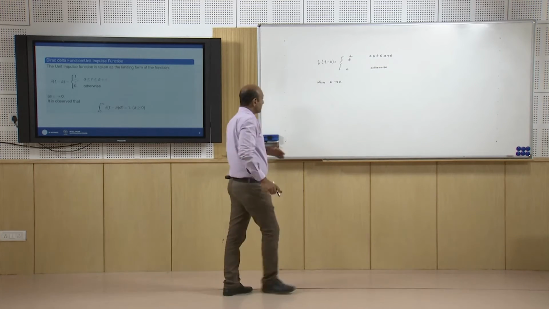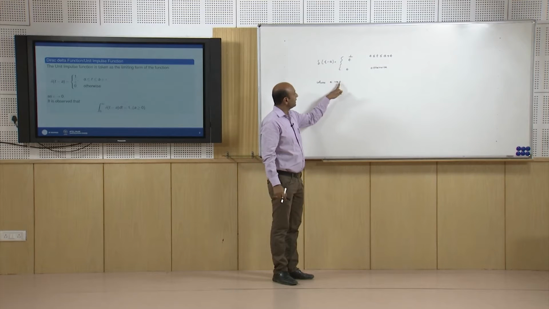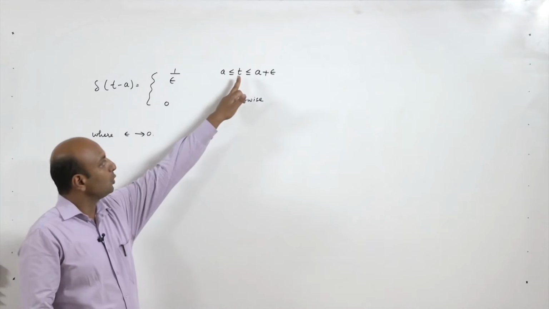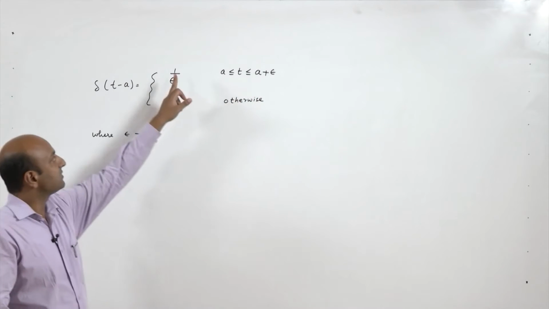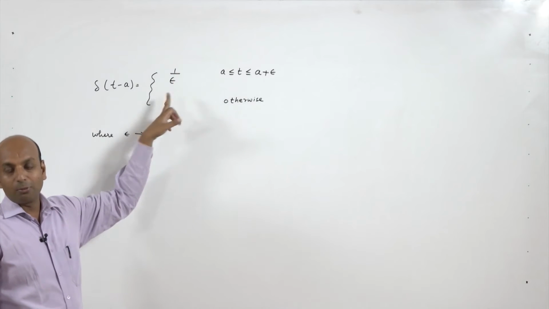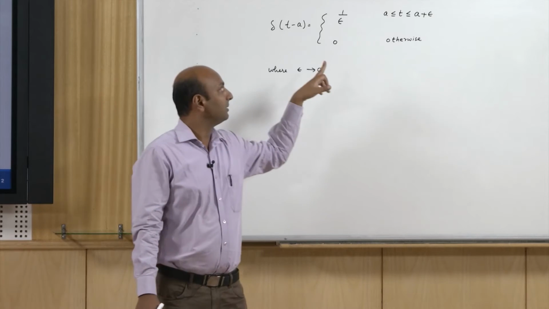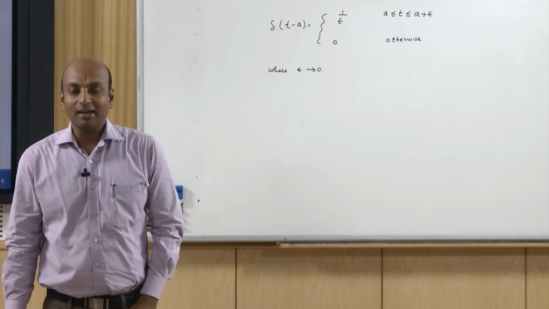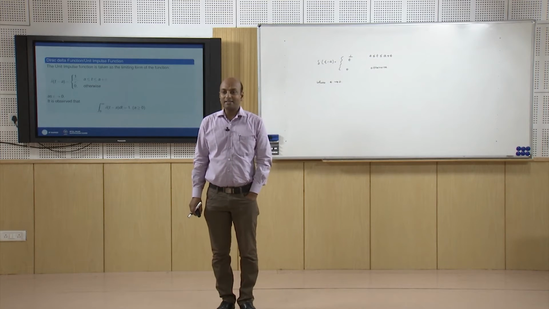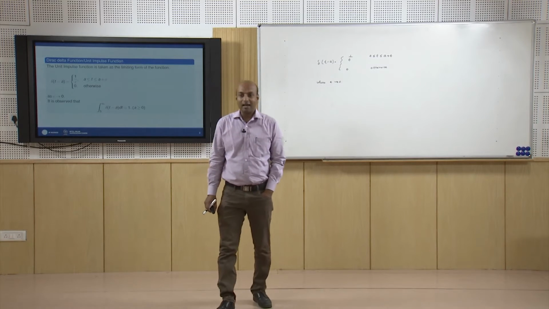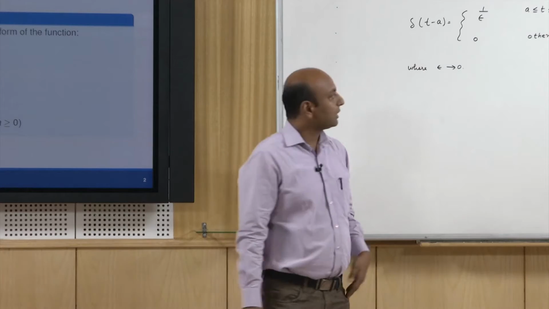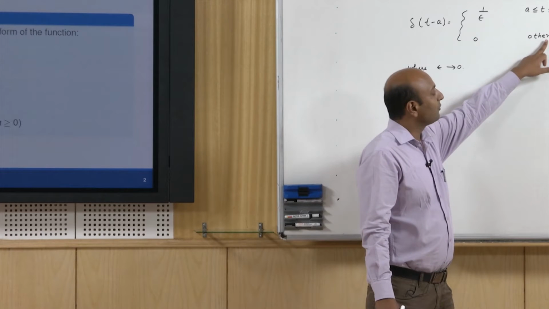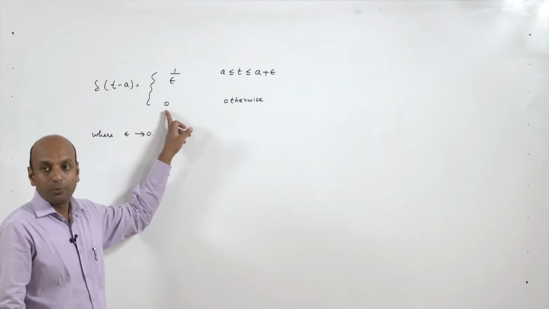Roughly speaking, if epsilon tends to 0, then at t equal to a this will tend to infinity. So, basically, in the definition of the Dirac delta function, we can say that at t equal to a, that is at one point, it has an infinite value, and at all other points it is 0.